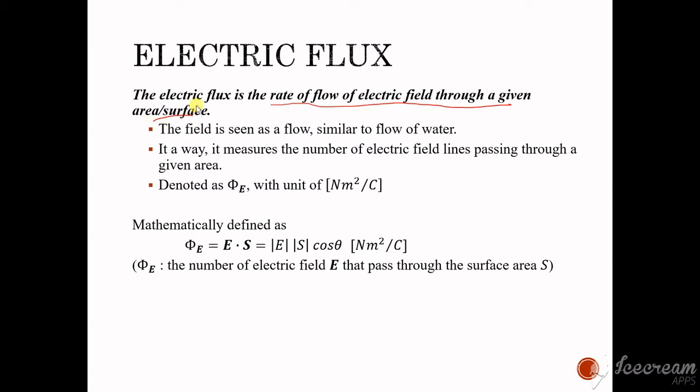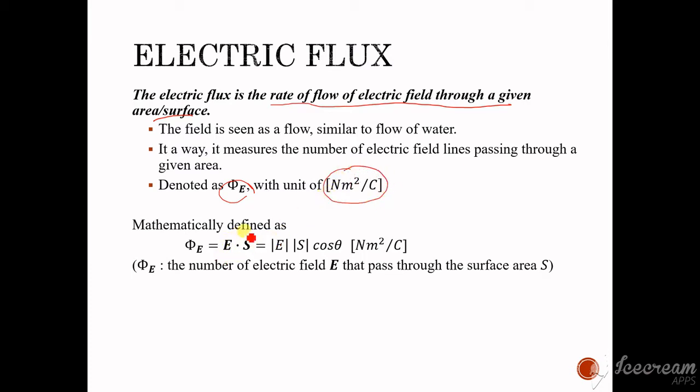So here you will need the vector itself, which is the electric field, and a surface. The field is seen as a flow, similar to water. This measures the amount of electric field that is passing through that given area, and it is denoted by this symbol over here with this unit.